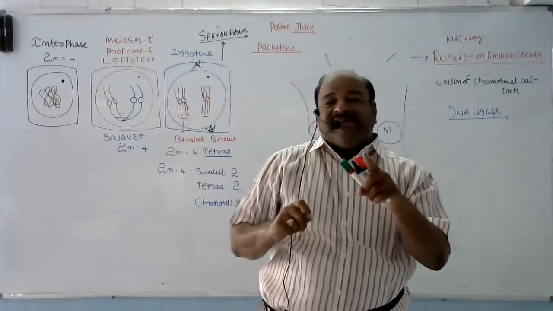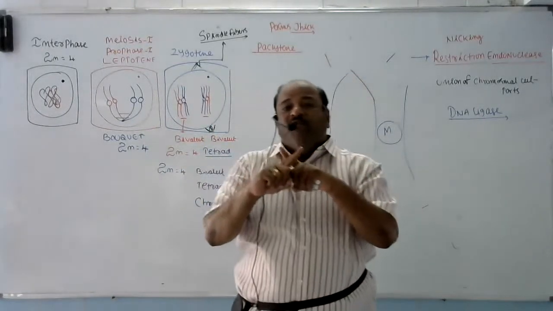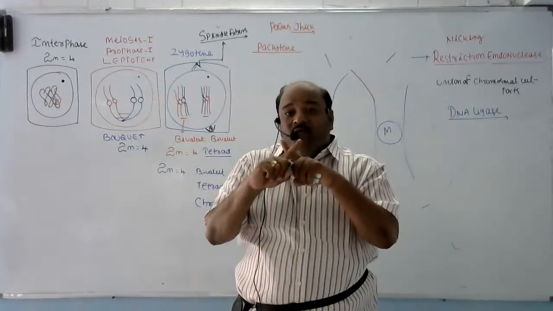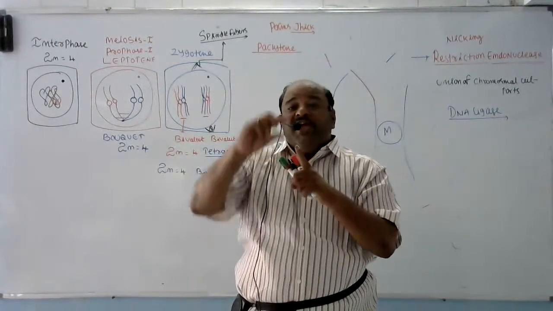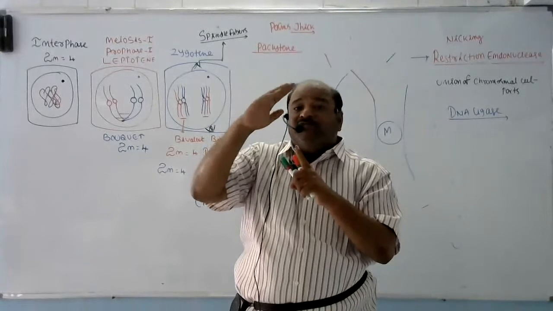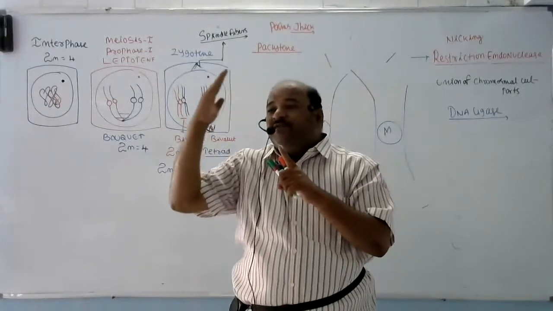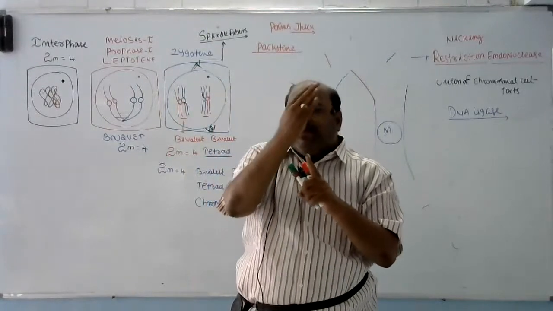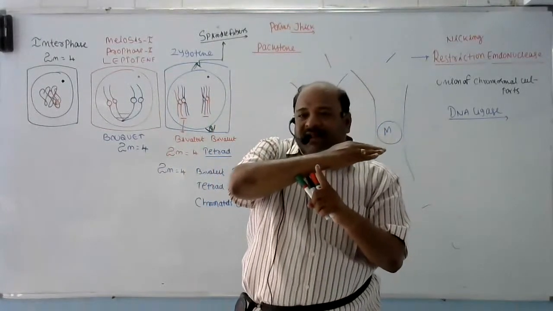During that process, when the cross is over, that is called crossing over. In the crossing over process, a portion of the maternal chromosome is cut and pasted towards the paternal. A portion of the paternal chromosome is cut and pasted towards the maternal.